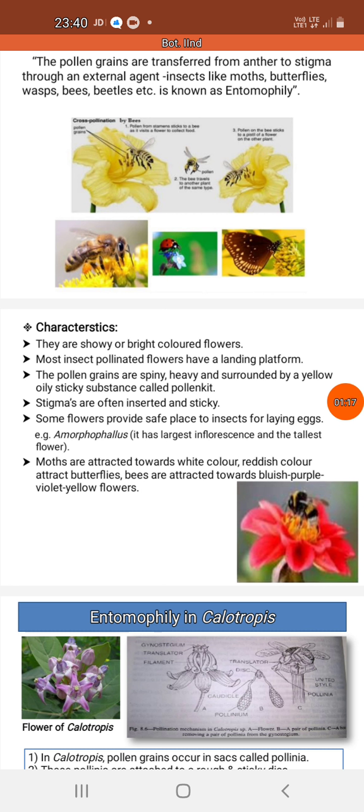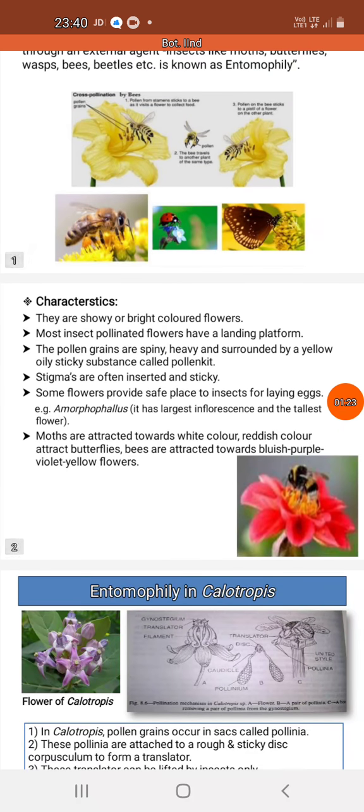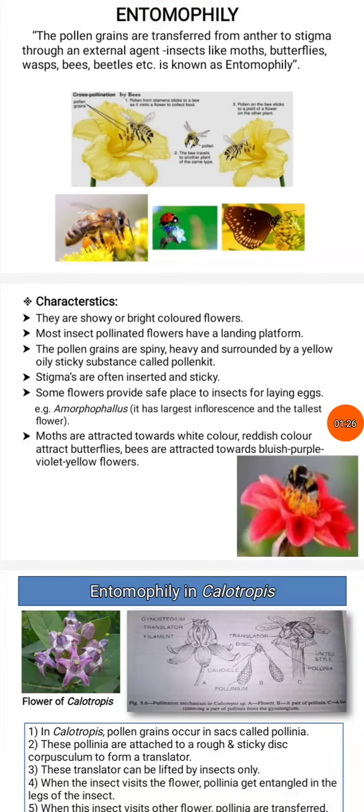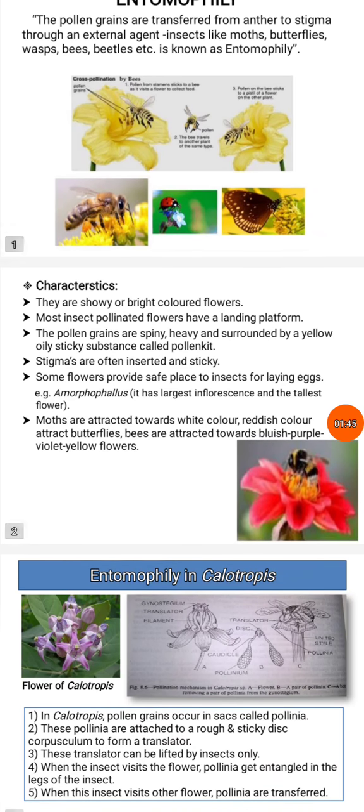Then the plants which belong to entomophily show the following characteristics. First, the flowers are showy. Showy means attractive, having bright colors. Most insect pollinated flowers have a landing platform, because insects land on the flower, so most of the flowers provide a landing platform to the insects.